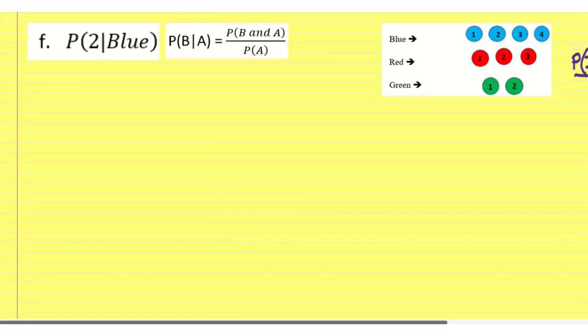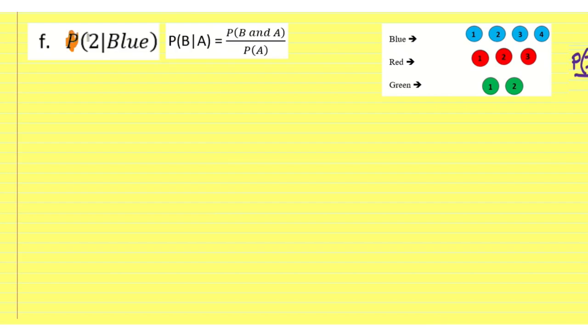Our next one says that they want us to find the probability that we have a marble with a 2 on it, that is given that it is already blue.